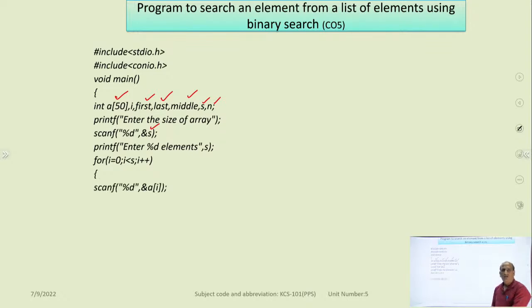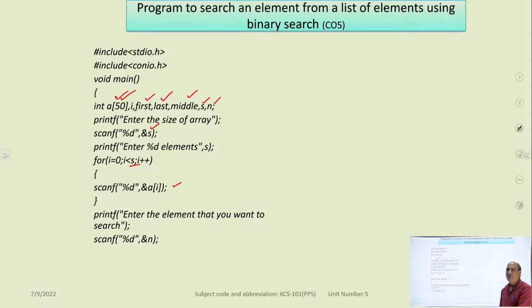For entering, as we already know, we write this scanf in the for loop, and by providing the address of A of I, we may input this number of elements to this array. Now we ask the user to enter the element that he wants to search, and we store that item into the N variable.